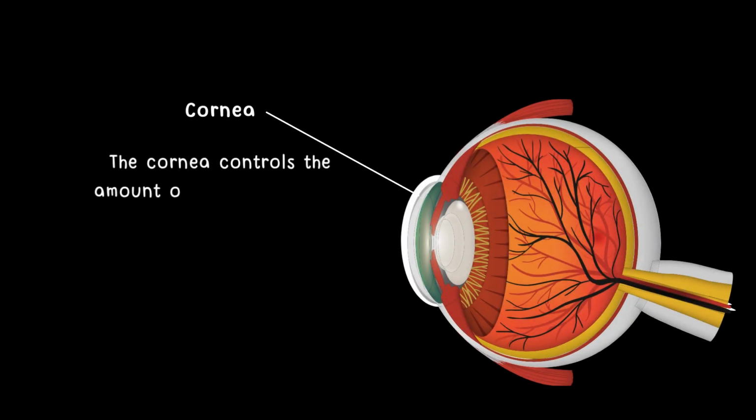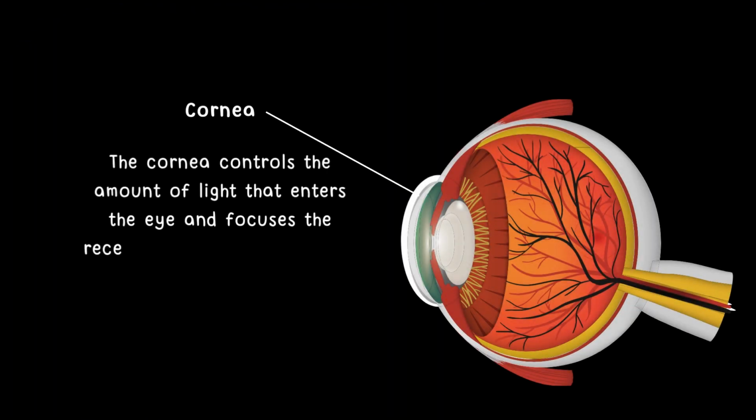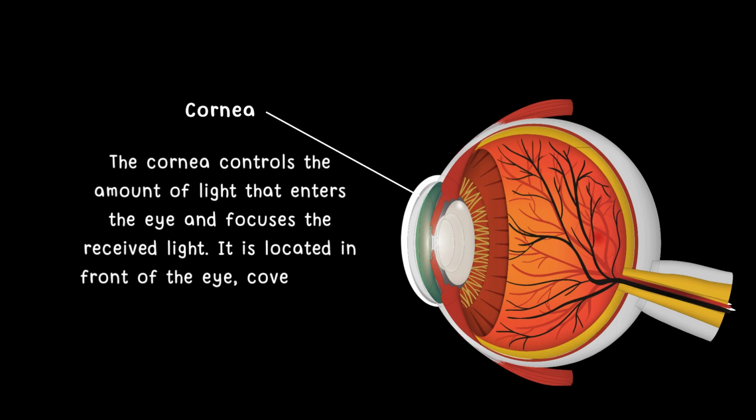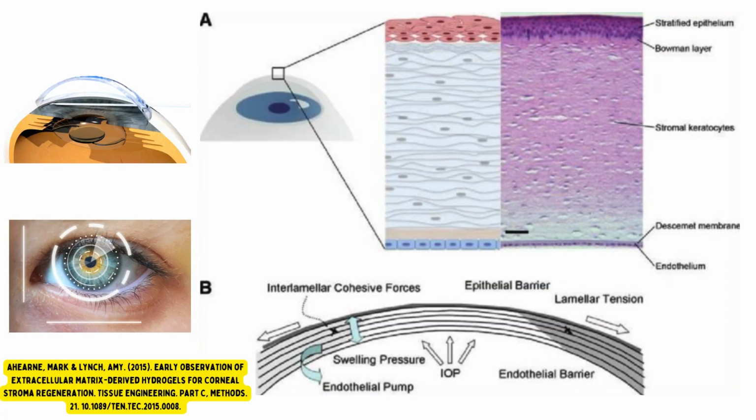It consists of three cellular layers: the corneal epithelium, stroma, and endothelium. The cornea's primary functions include protection, transparency, and optical properties.